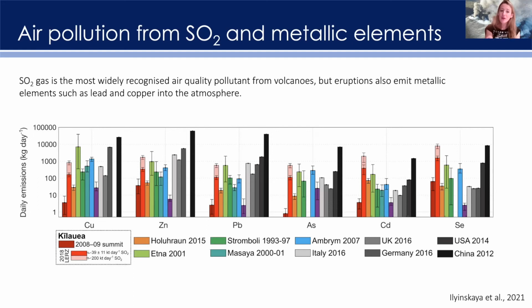Although we've got a log scale on the y-axis, so small distances represent big differences, that's how log scales work, we can see that in some cases, and for particular metals, volcanoes are releasing on the order of or greater than the similar metal emissions from anthropogenic and industrial activities.